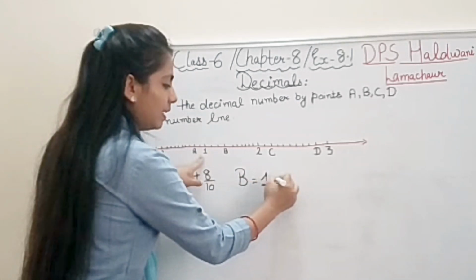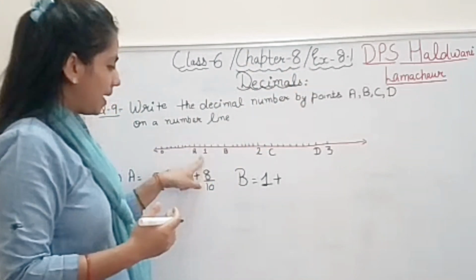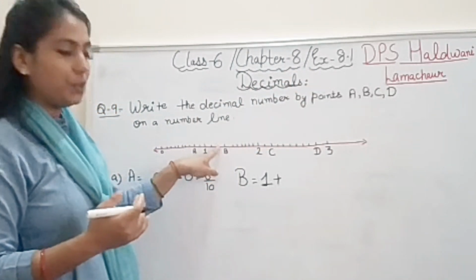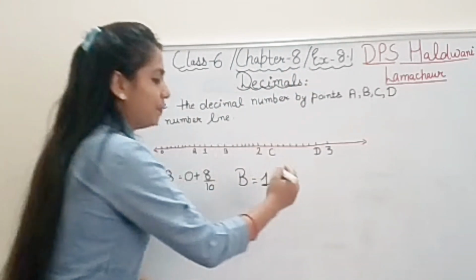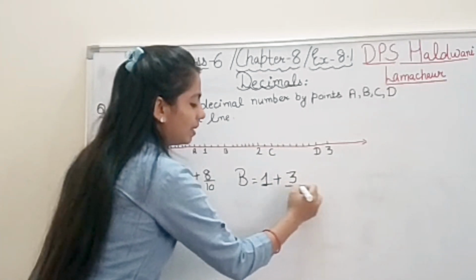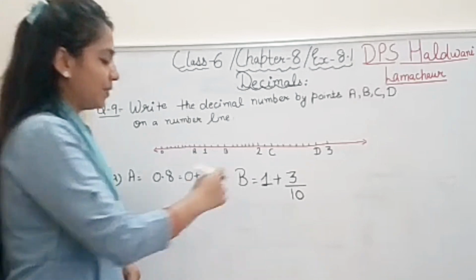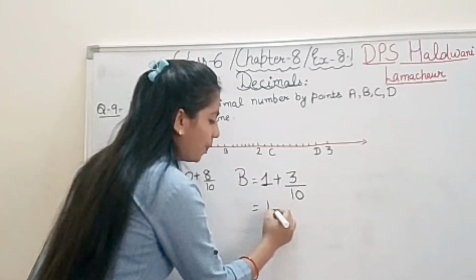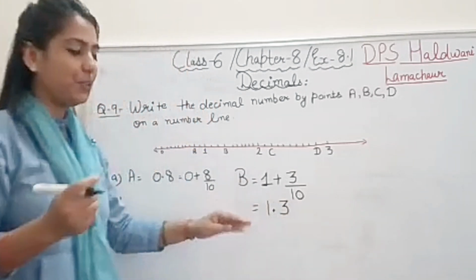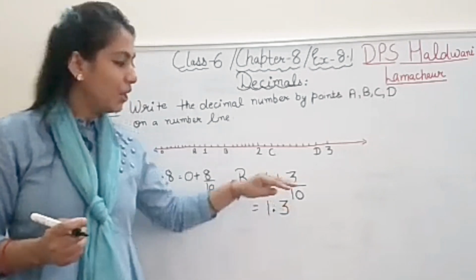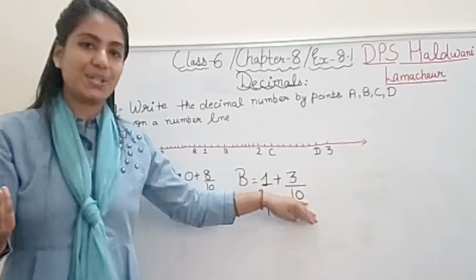After 1, we move further, plus 1.1, 1.2, 1.3. It means 3 upon 10. So that is 1.3. Either you can write down directly 1.3 or in this manner, your choice, student.